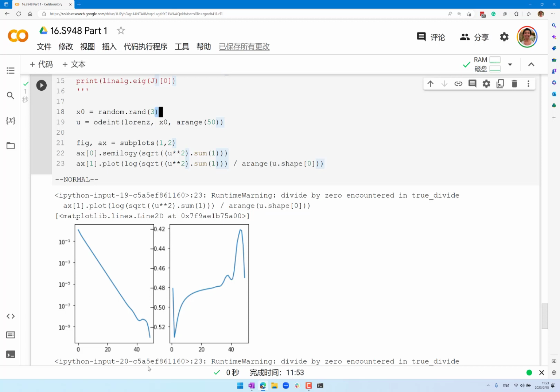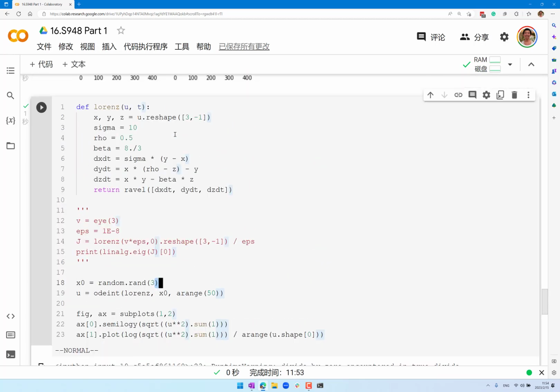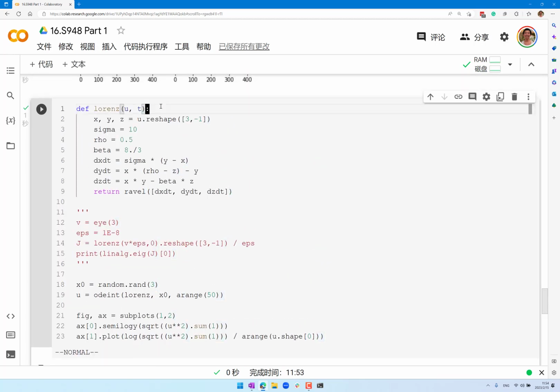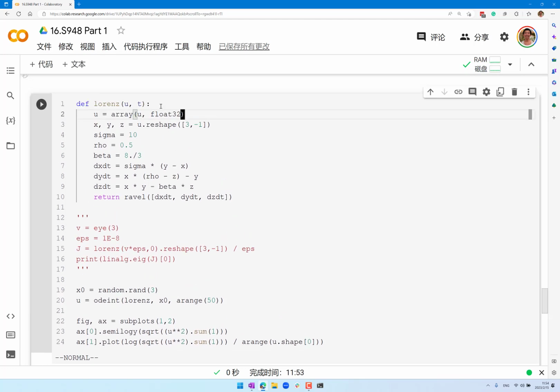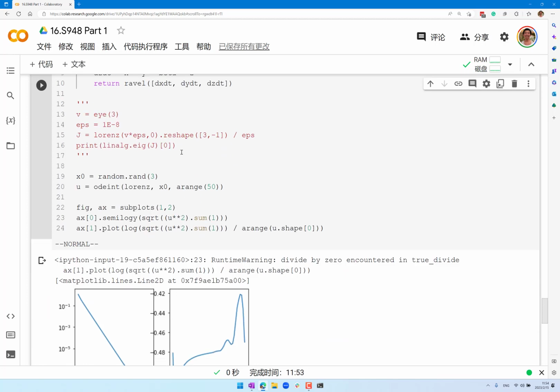Well, I'm going to show you something a little bit interesting. I'm going to make u equal to numpy.array of u, float32, and I'm going to run this again.